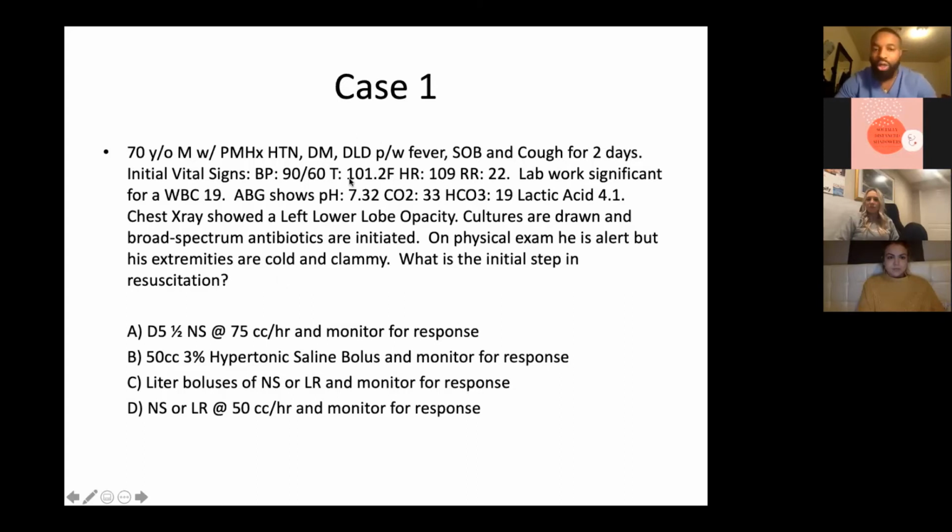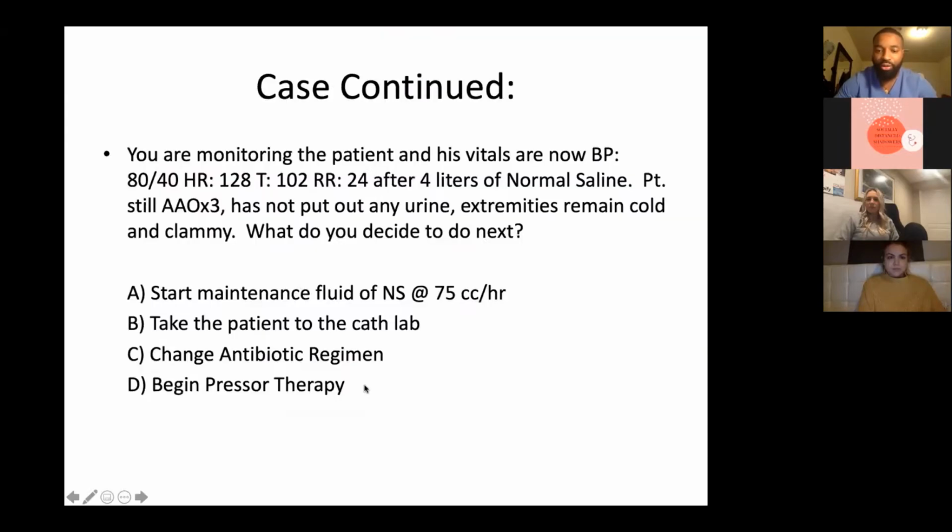If they don't hold well, you've resuscitated them but it's not holding, then at least you buy time for other things, like the X-ray to come back, and for you to put in a couple of lines, to make sure the patient is prepared for any advanced management. So we'll do a liter bolus of normal saline or lactated Ringer's, and we monitor the response. So that would be the answer.